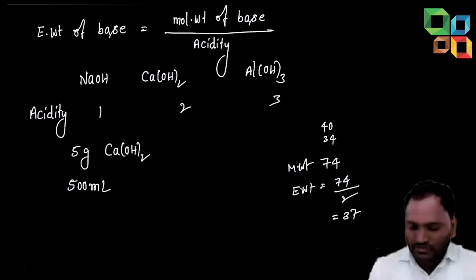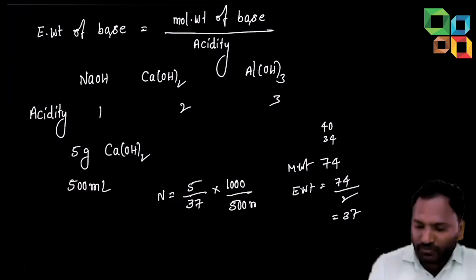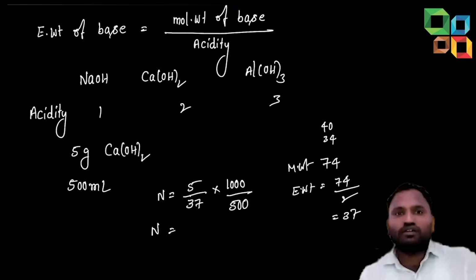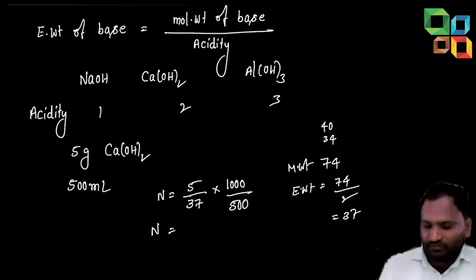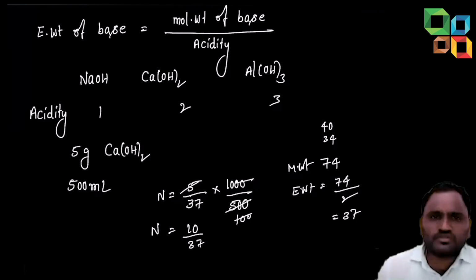So the normality is equal to 5 by 37 into 1000 upon 500. ml is not required. If you simplify, you will get the answer: 10 by 37. Danish, once check properly.